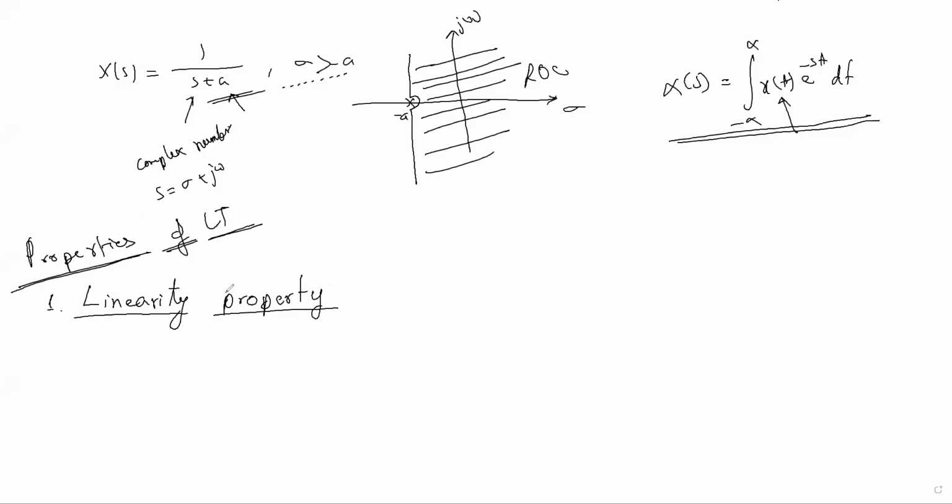A similar property is applicable for the Laplace transform. What does this property say? Suppose x1 of t has the Laplace transform x1 of s, and another signal x2 of t has the Laplace transform x2 of s.